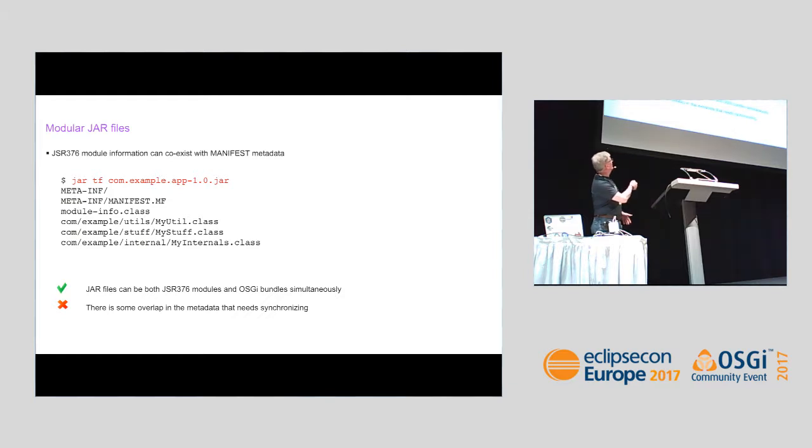So the metadata that's defined in your module-info.class, we can merge that with the OSGi definition that's in your manifest. So there's some conflicts, there's some things that have to be massaged, but a single jar file can be both a module and an OSGi bundle. And that's the key message that I wanted to get out of this.